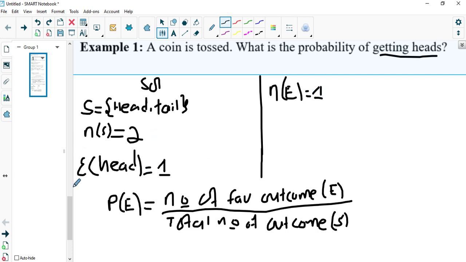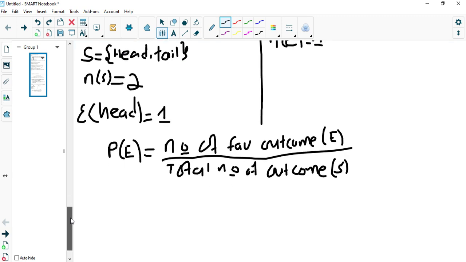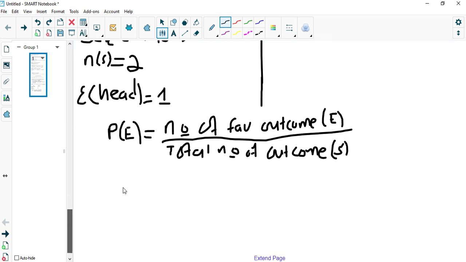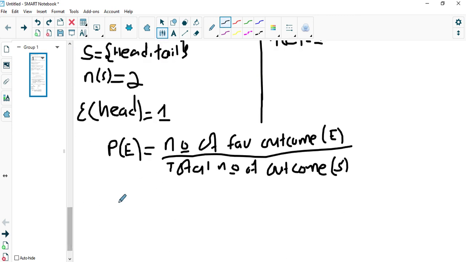Now with this we can just substitute. We are going to say that the probability of getting a head should be equal to the number of favorable outcomes, which is the head itself.